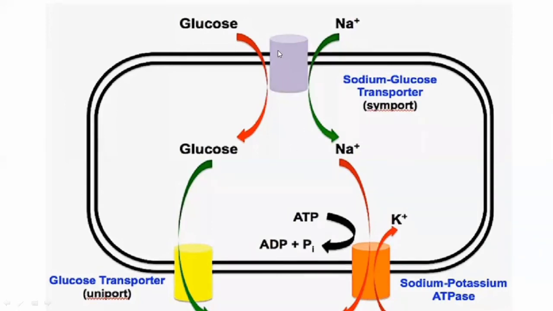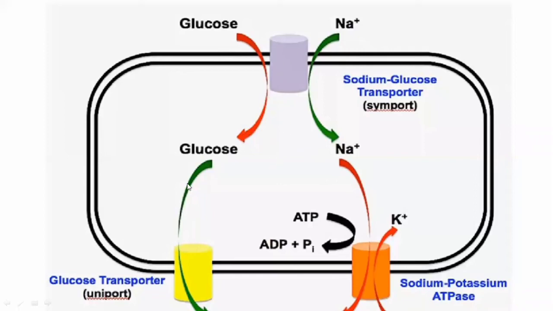As glucose is dependent on sodium, it will be transported only in the presence of sodium. If sodium is not present, the glucose will not be transported inside the cell, will not be taken up into the blood, and will not be carried to the liver for metabolism and to perform different functions. So on one side of this transporter the glucose will attach, on the other side sodium will attach, and they will enter the cell.